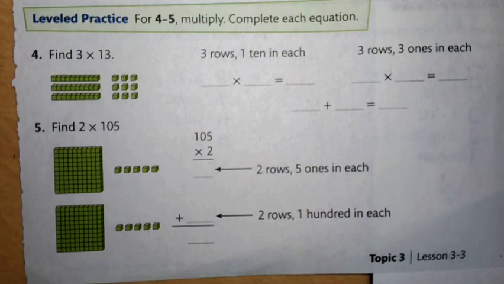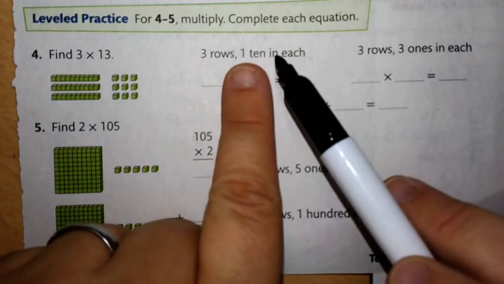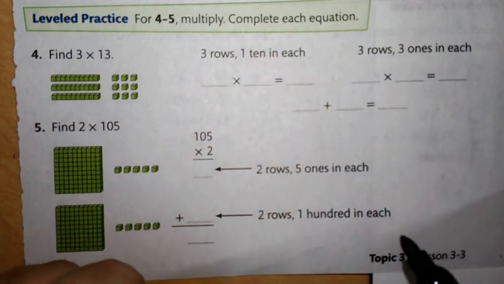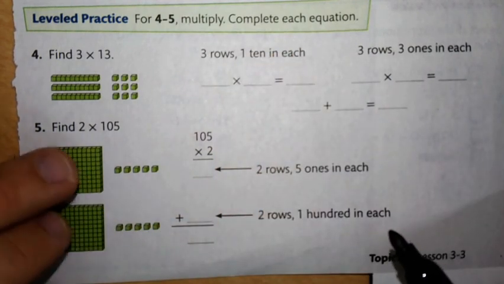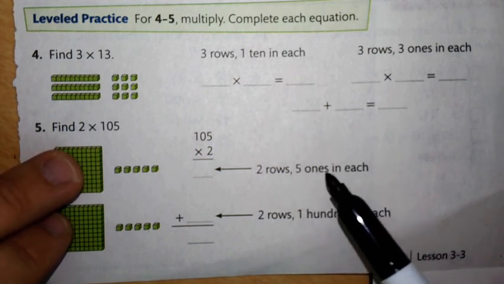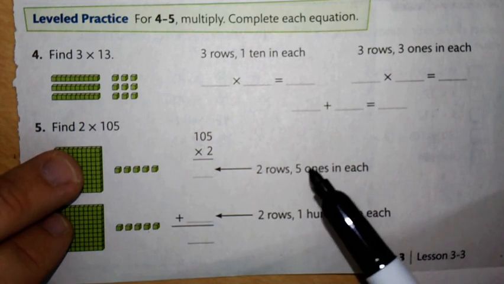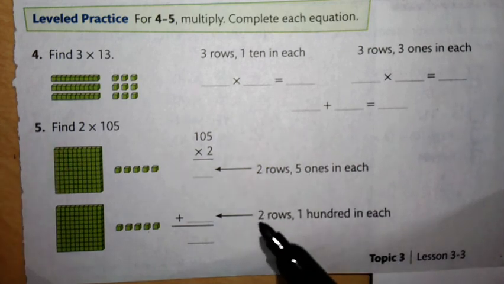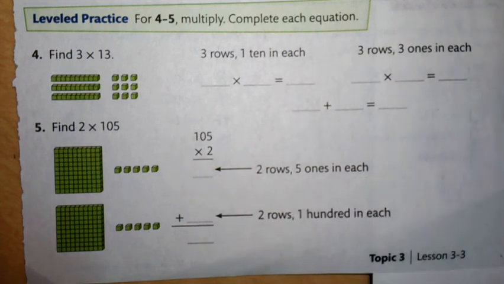They're going to give them to you. And they're going to break it down into your tens and your ones and then add them together. Same with over here. We've got our 2 times 105. They want to know how many 2 times 5 is, and they want to 2 times 100 because there's no tens in this one, and then we add them up.